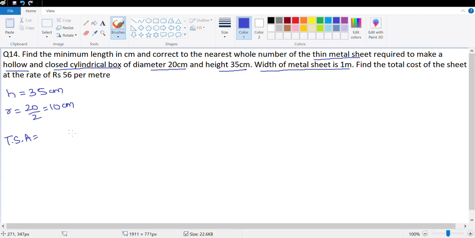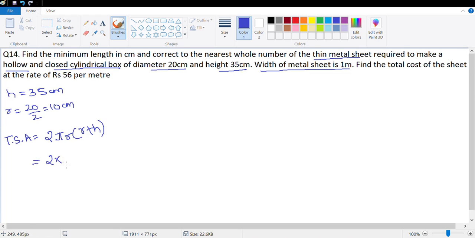So the total surface area is given by the formula 2 pi r h plus, or rather we can write this as 2 pi r times r plus h. That's the total formula for total surface area.